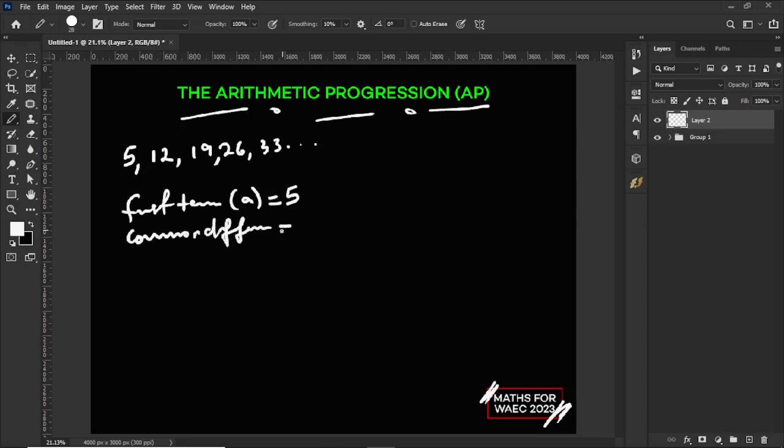The common difference is equal to 7. So that's d. Common difference, d. Let's do another one.